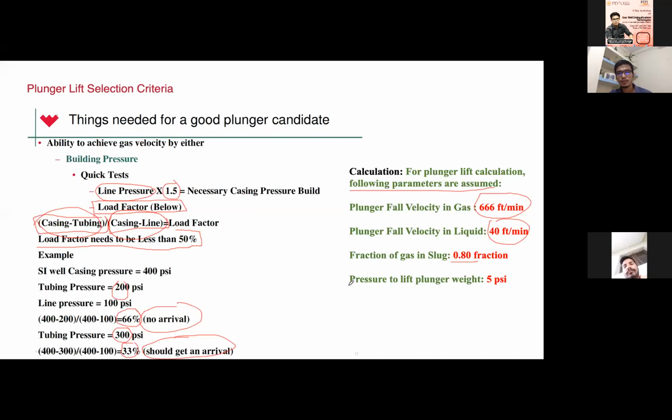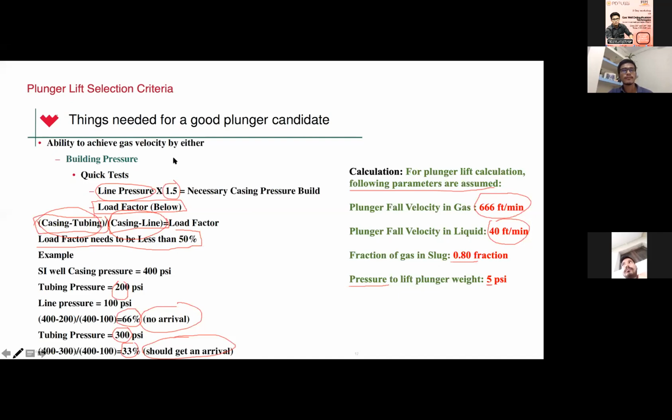And the pressure required to lift the plunger to the surface is 5 psi. This will also depend on the plunger size. You can calculate that using pressure equals force per unit area. You know the area and the weight of the plunger, and you will be able to calculate the pressure required to lift the plunger.